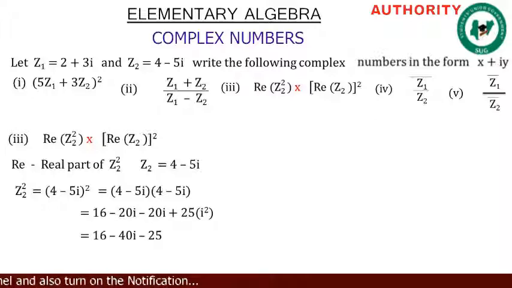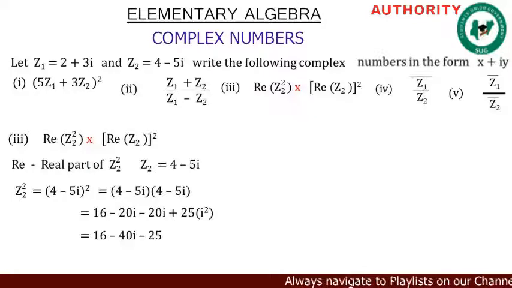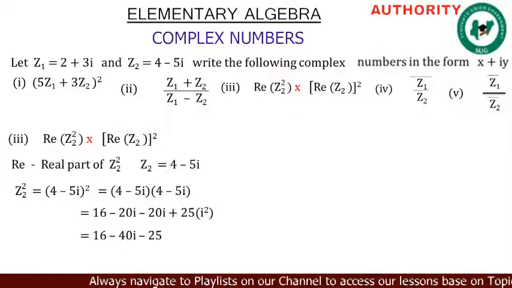We're going to say 4 times 4, we have 16. Then 4 times minus 5i, we're going to have minus 20i. Then minus 5i times 4, we're going to have minus 20i. Minus 5i times minus 5i, we're going to have plus 25i squared. Okay, so minus 20i minus 20i is going to give us minus 40i, and then plus 25i squared.